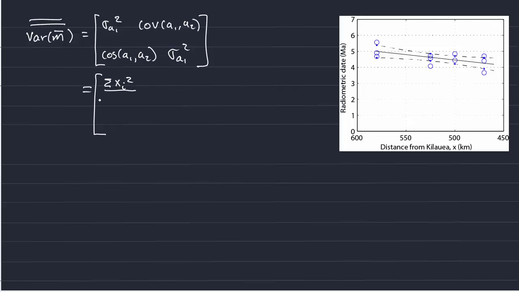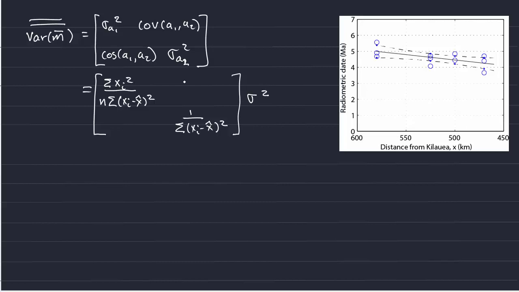I'm writing the solution I just wrote for the variance of A1, and then the solution for the variance of A2, there should be a 2 there, is 1 over the sum of xi minus its mean squared, and that was multiplied by sigma squared.